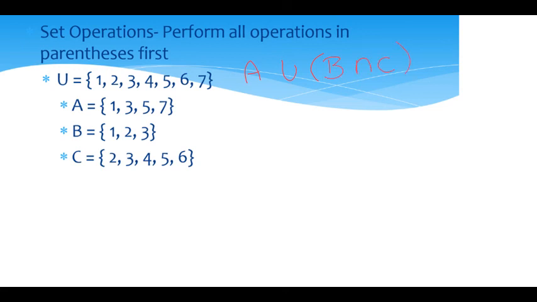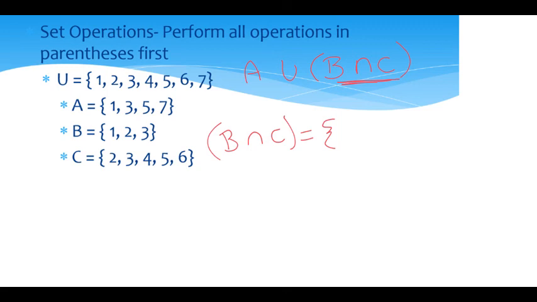So really what they're calling for here is they want set A in the union with the intersection of B and C. So to do this, I always tend to think, use your parentheses first, like think of order of operations. So I'm going to find the intersection between B and C first before I can do the union with A.